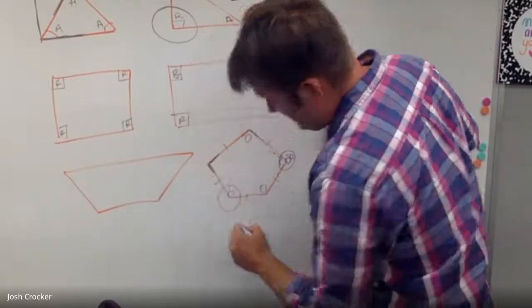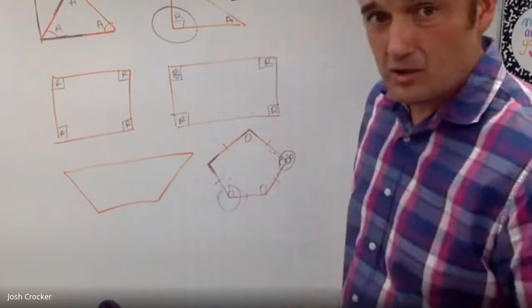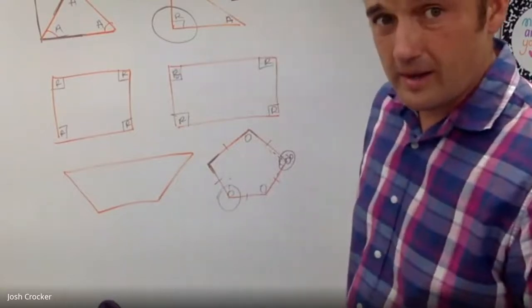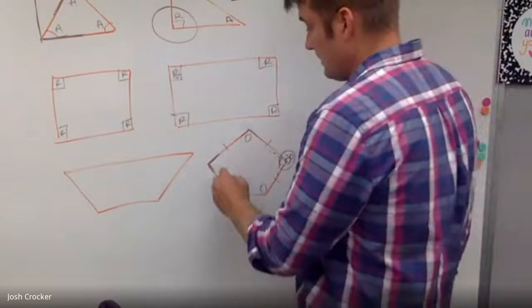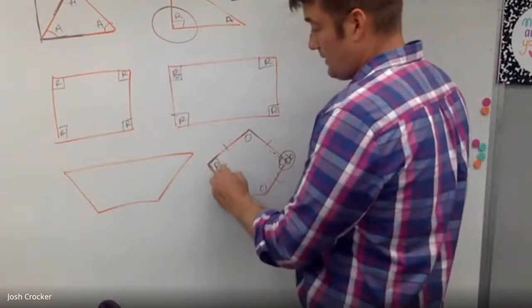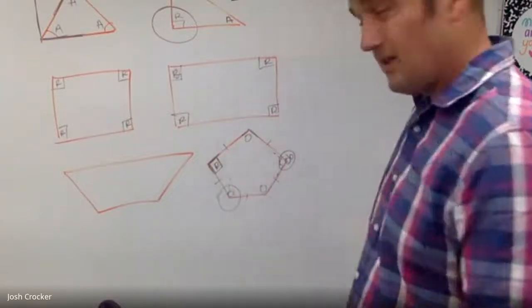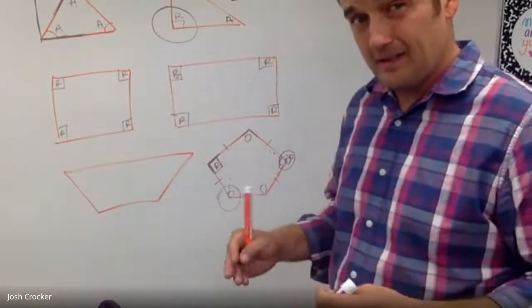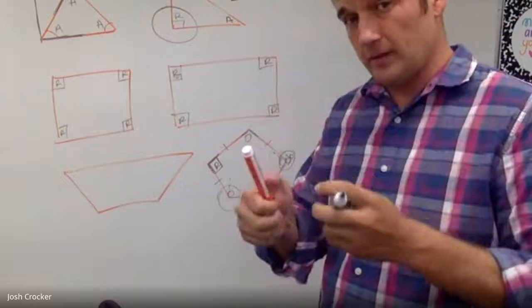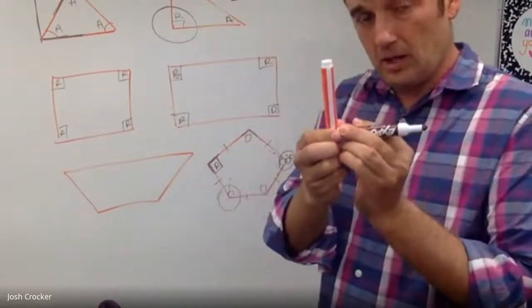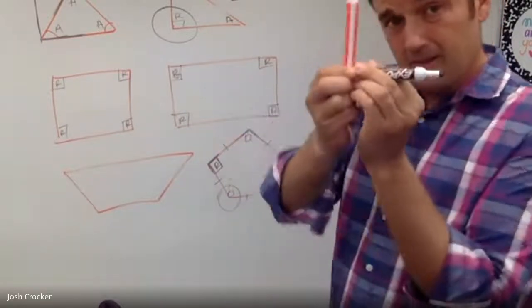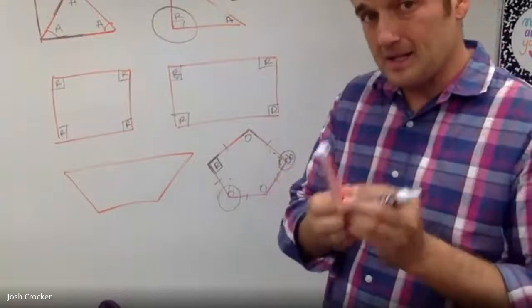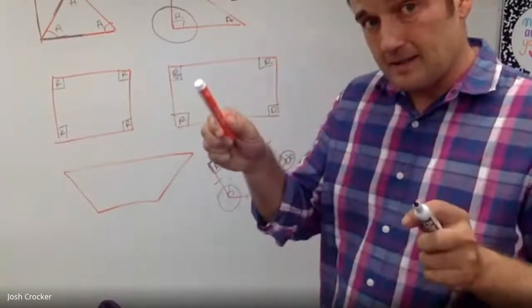That one, sometimes it's tough to judge a drawing, but that angle looks like a right angle to me. So I'm going to make that one a right angle. Even though it's turned on its side, when I look at it, it looks like that perfect L shape. It's kind of like this, but the opening is the same size.